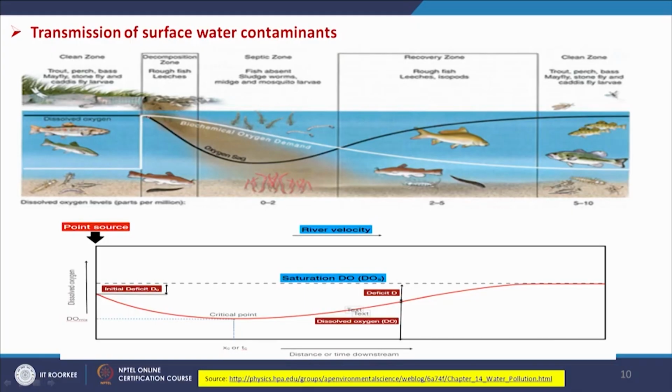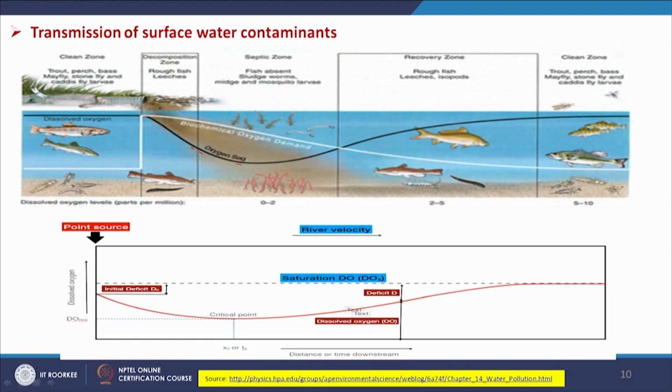Okay. Now, we will discuss the transmission of surface water contaminants. In the previous class we saw that when pollutants enter surface water through some drain, say the pollutants are getting into the river, then immediately the BOD value increases and microbes start to work on it, the DO concentration reduces and reaches its minimum value, and then the DO value increases again because there are two processes, re-aeration and deoxygenation.